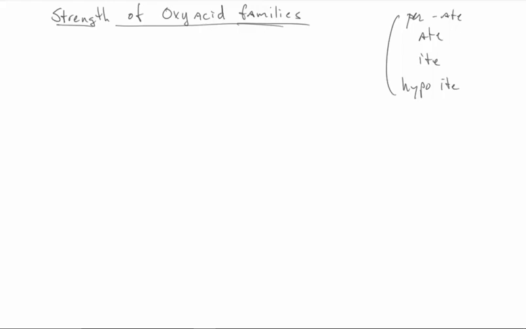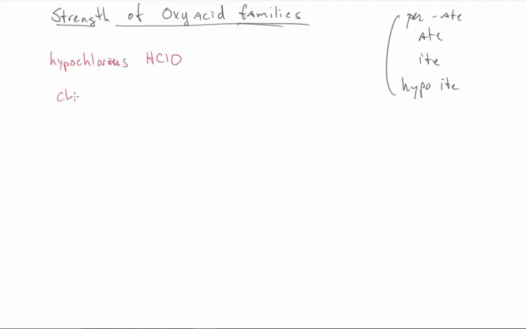The example that I'm going to run through with you today is the chlorine family of acids. If we write the formula for hypochlorous acid, it's HClO.